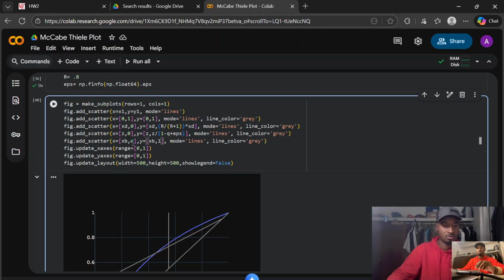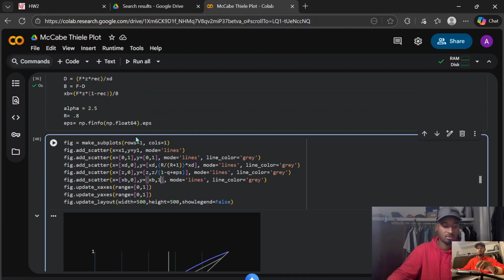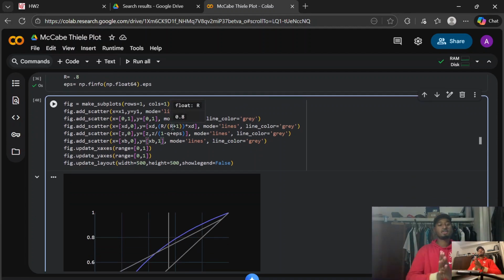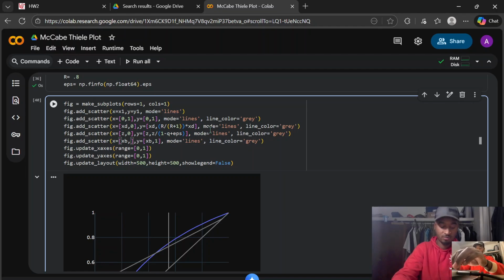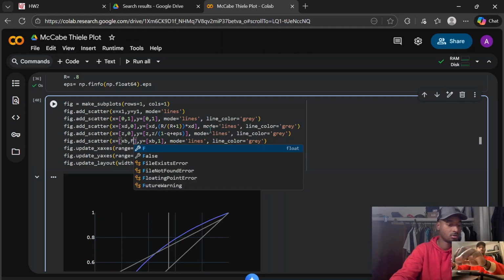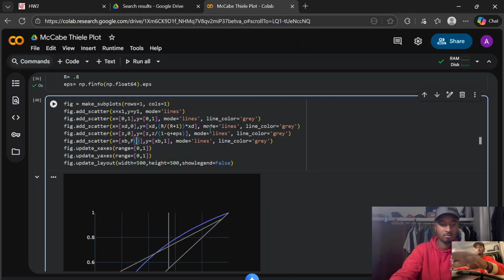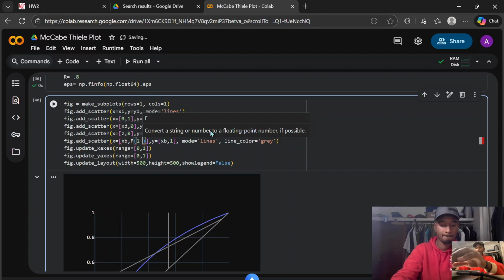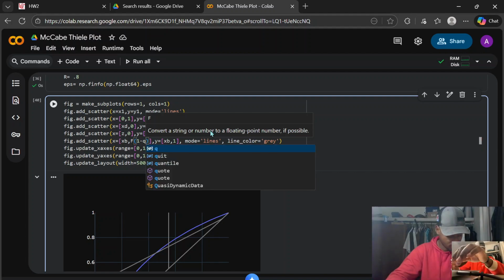And we derived, or did we derive? Yes, we did derive what this equation is when y is equal to 1. We derived that in the earlier part of this video. So that was F minus q, right?